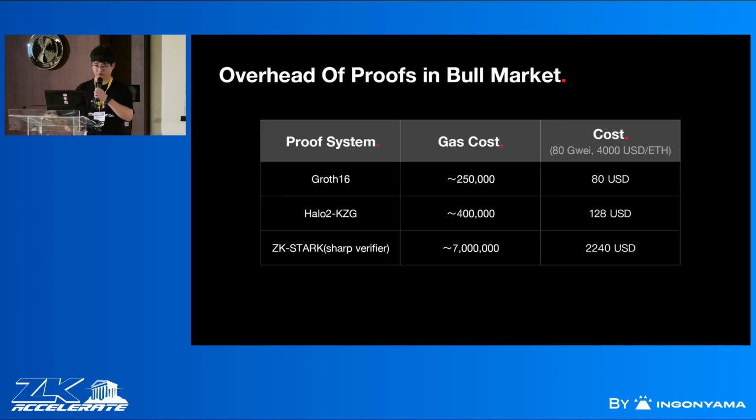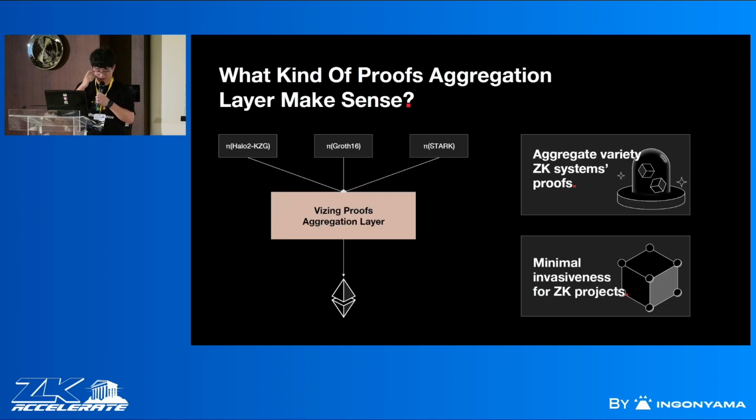Let's take a look at the overhead of proofs in the bull market. And I'm going to talk about what kind of proof aggregation layer makes sense.